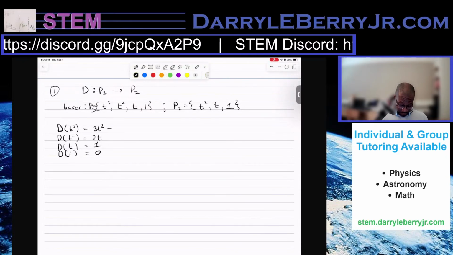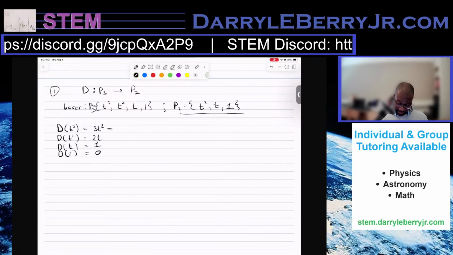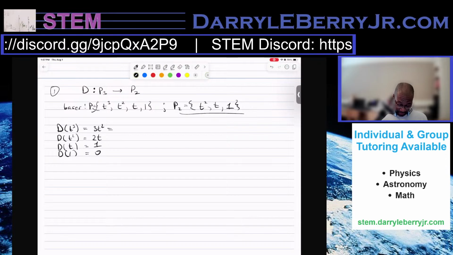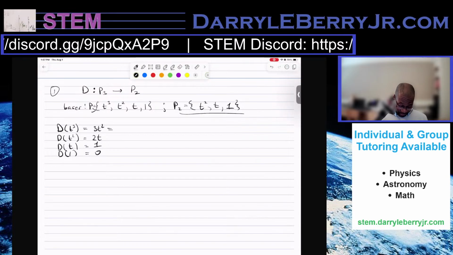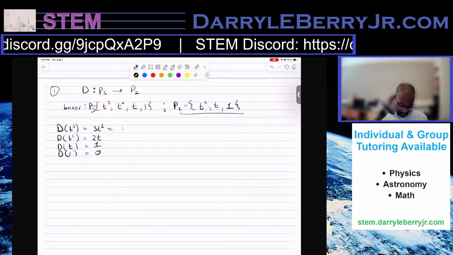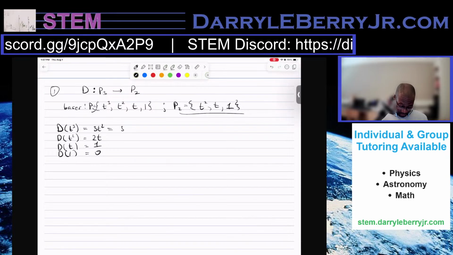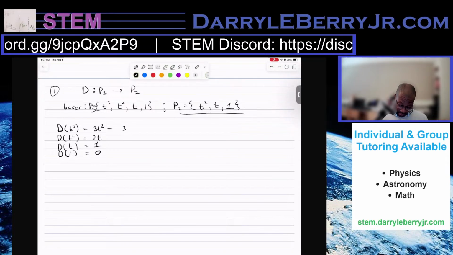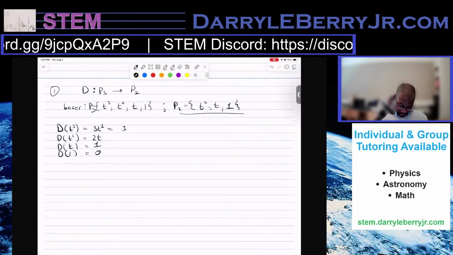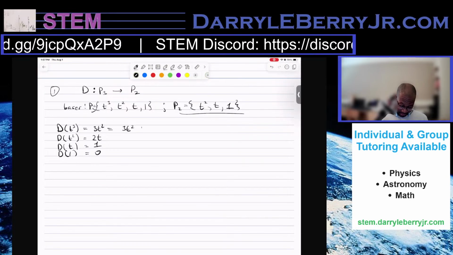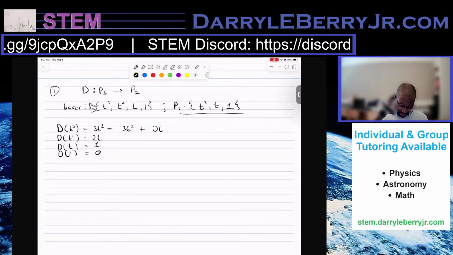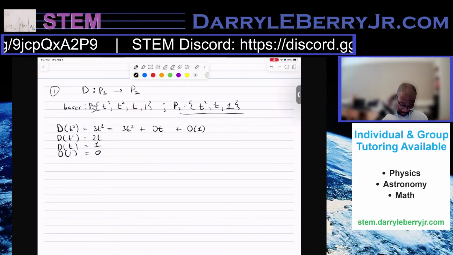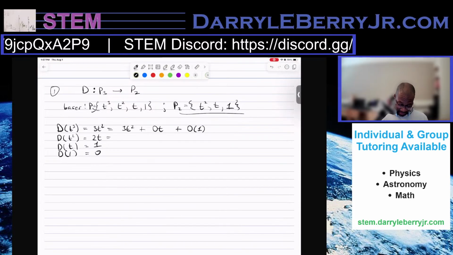So if I was to write this in terms of the basis for a second degree polynomial, it'll be 3 times the first basis, 3 times t squared, plus 0 times t, plus 0 times 1. And we do the same thing here.